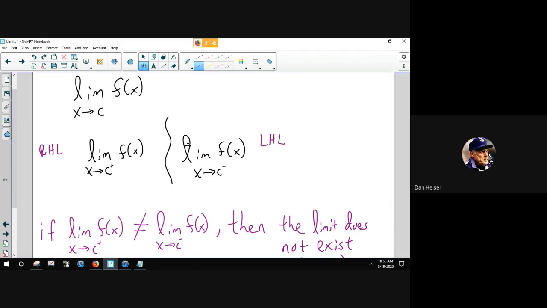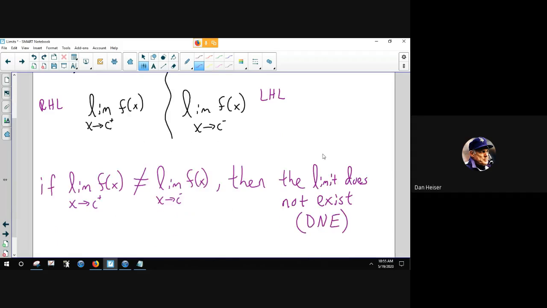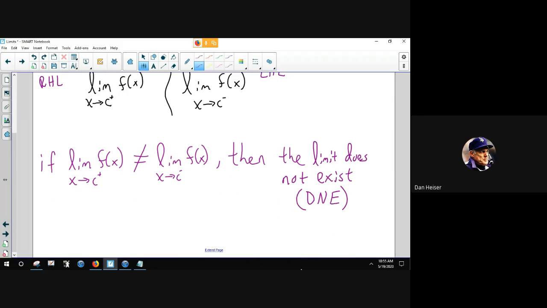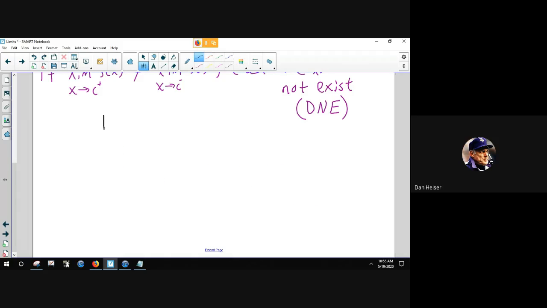Sometimes there is only one side we can approach from, based on how the function's defined. Sometimes we cannot approach from the left. A simple function that we cannot approach from the left would be the square root function.